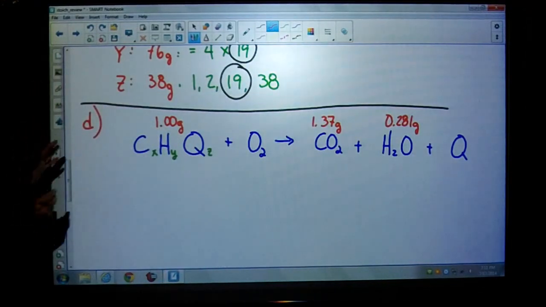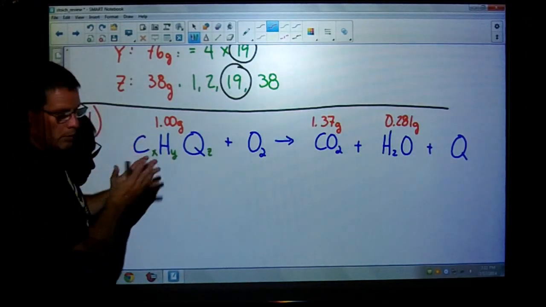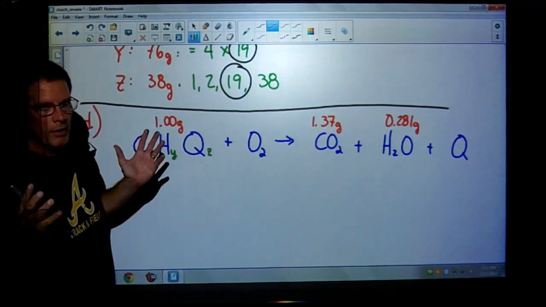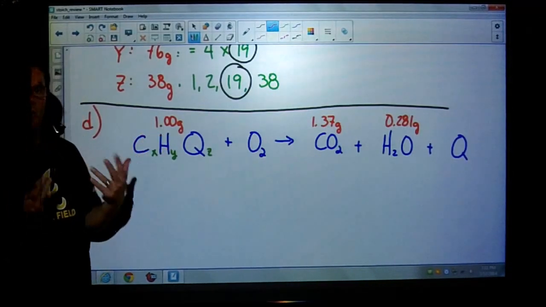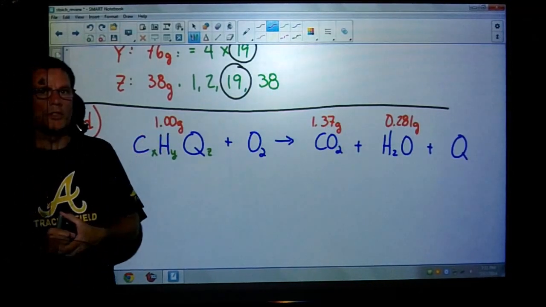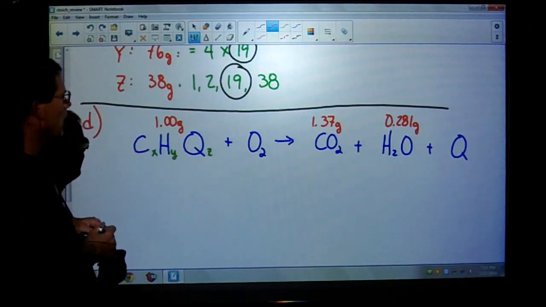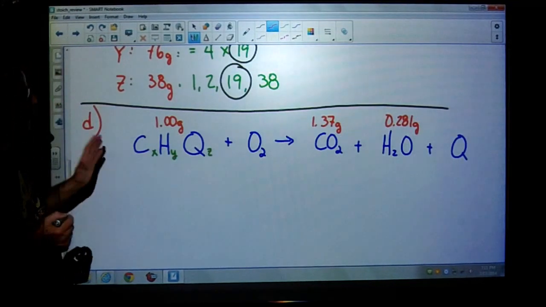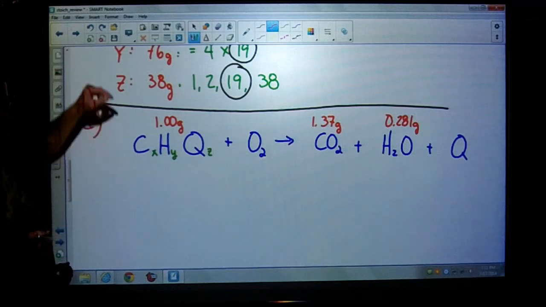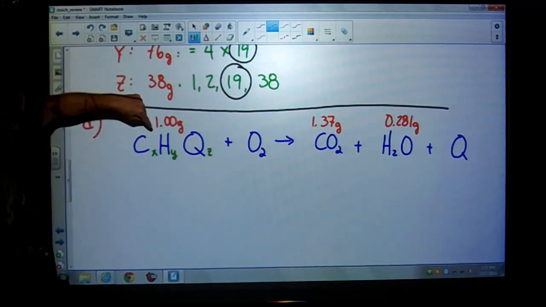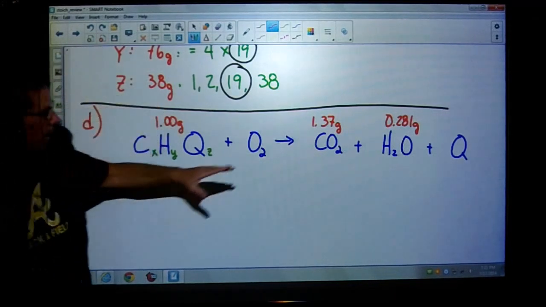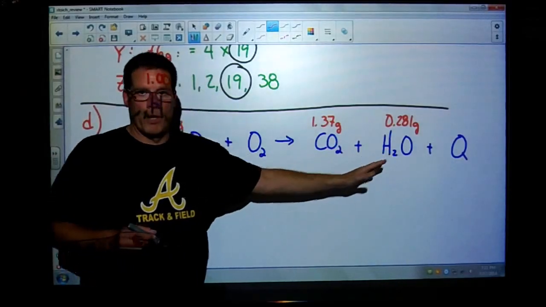All right, so we're looking for the most probable formula. In other words, the empirical formula. We're looking for an empirical or a molecular formula, and let's just hope that they're both the same since nothing else was given to us. But we do have a lot of information. We're given information about how much of this we have, how much of this, and how much of that.